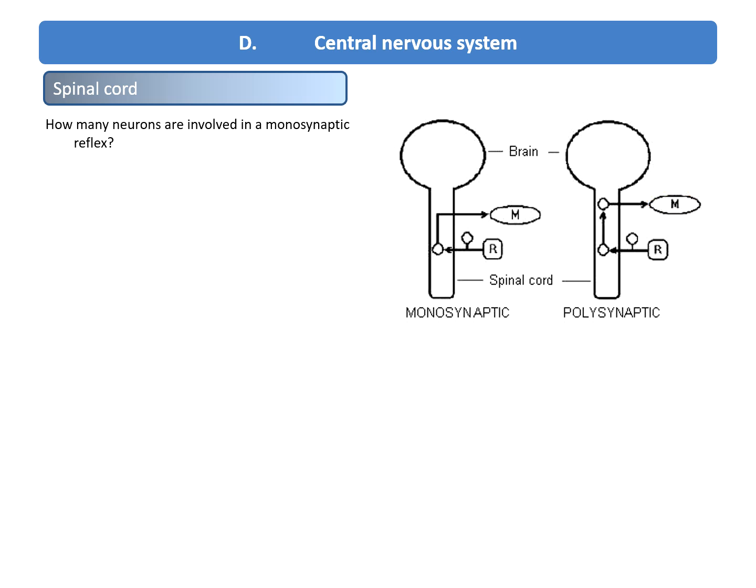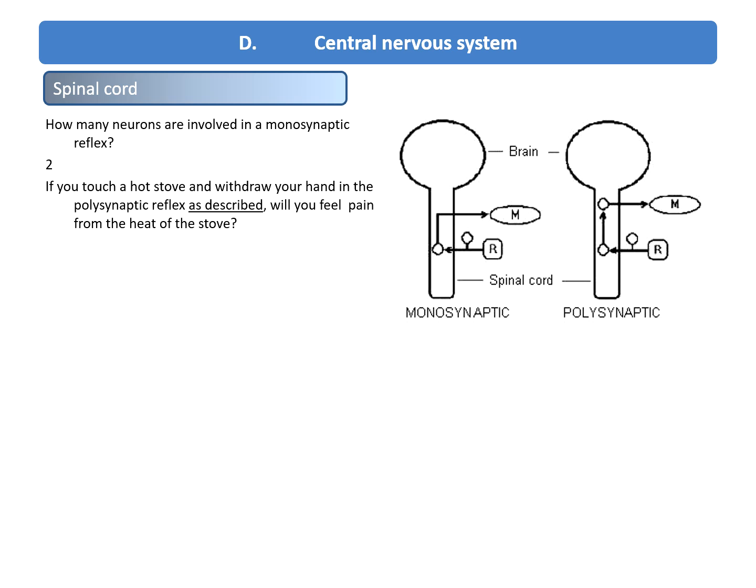How many neurons are involved in a monosynaptic reflex? Aha! If you said one, because monosynaptic sounds like one synapse, well, that's true, there's one synapse. The question was how many neurons? Two.